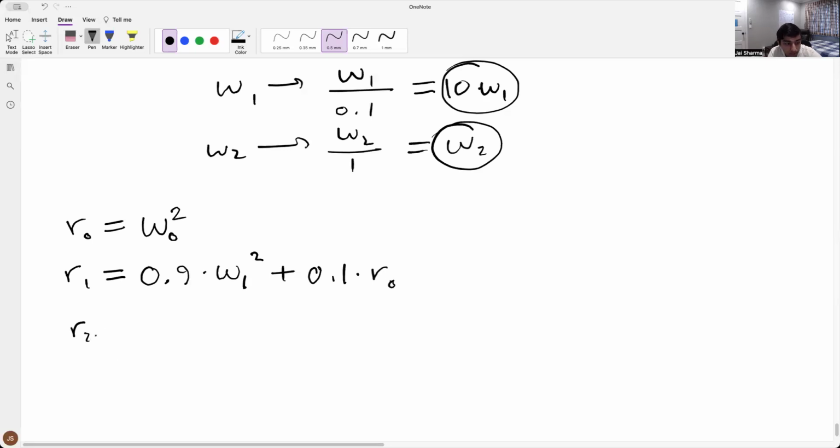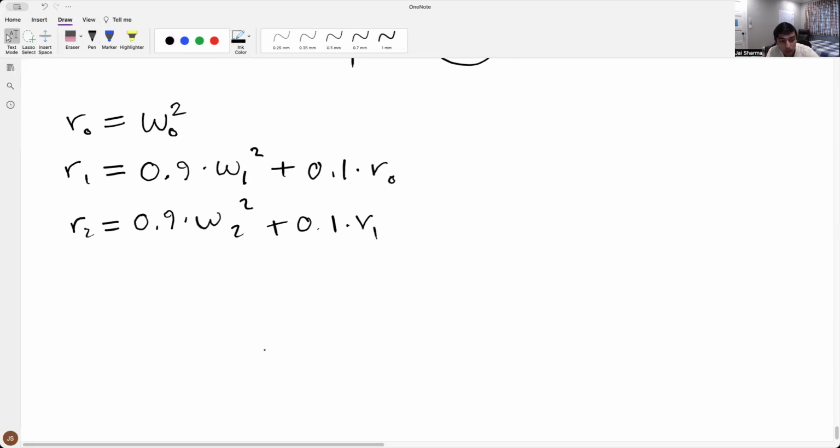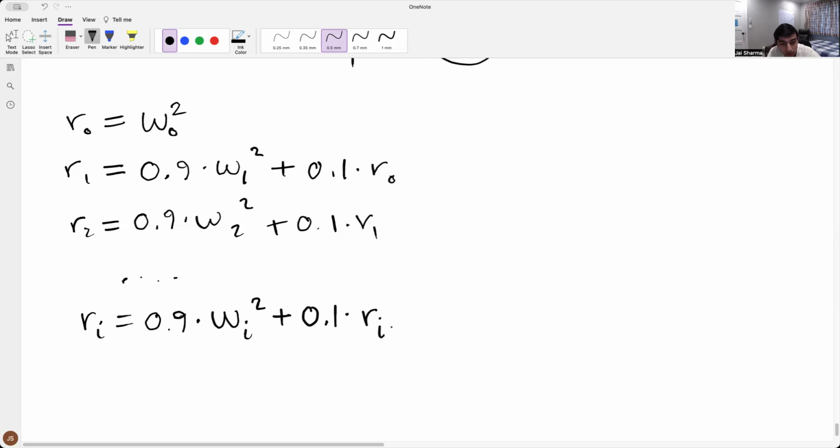And then you have R2, which is 0.9 times W2 squared plus 0.1 times R1, and so on and so forth, all the way to Ri. What is the rule for Ri? You're taking in 0.9 weightage of Wi squared plus 0.1 times whatever was at the previous time step, Ri minus 1. If this is Ri, then this is Ri minus 1, right?